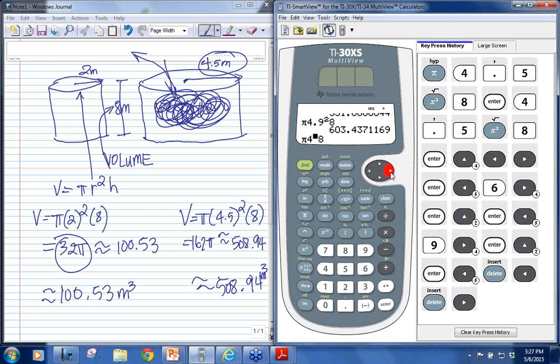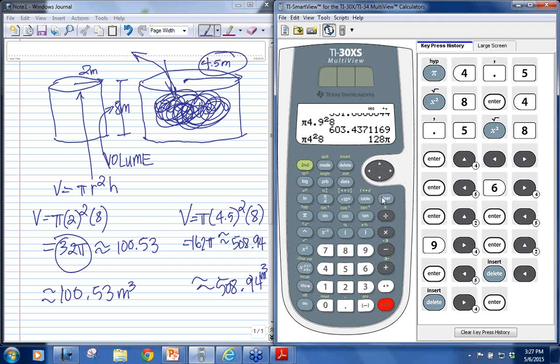So I deleted the entire decimal section, and now I can press enter. Look, right after I removed the decimal digits and the decimal point, it automatically reverted back to the exact value. That's how your calculator behaves when you're dealing with the pi symbol.